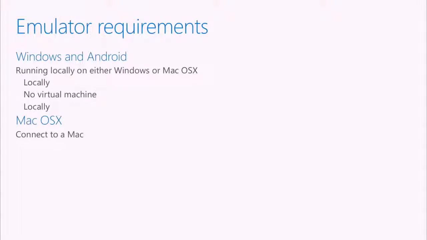Now, in order to use an emulator for Windows and Android, you can run those locally on either Windows or Mac OS X, with, again, the one catch there being, if you are going to do Mac OS X, you need to be doing Visual Studio and Parallels. Now, you'll notice the requirement. Not a virtual machine, has to be running locally.